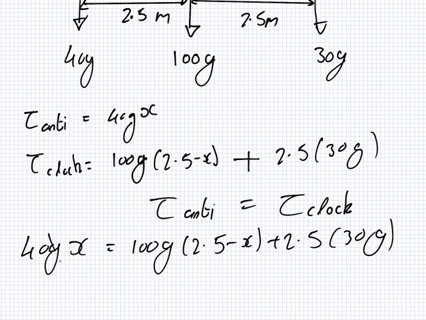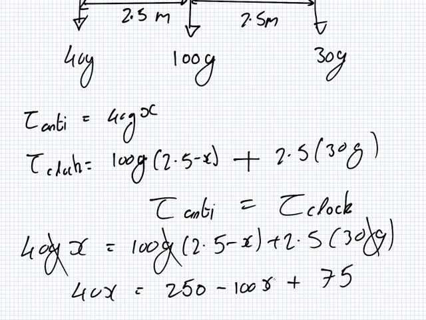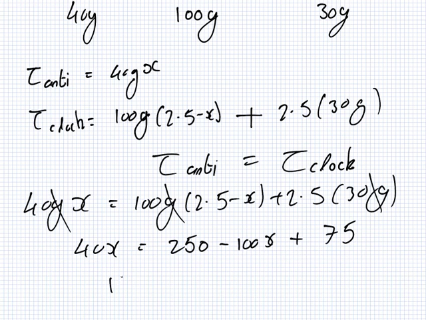So all the g's cancel. We'll get 40x equals 250 minus 100x plus 75. So that means 140x equals 325.